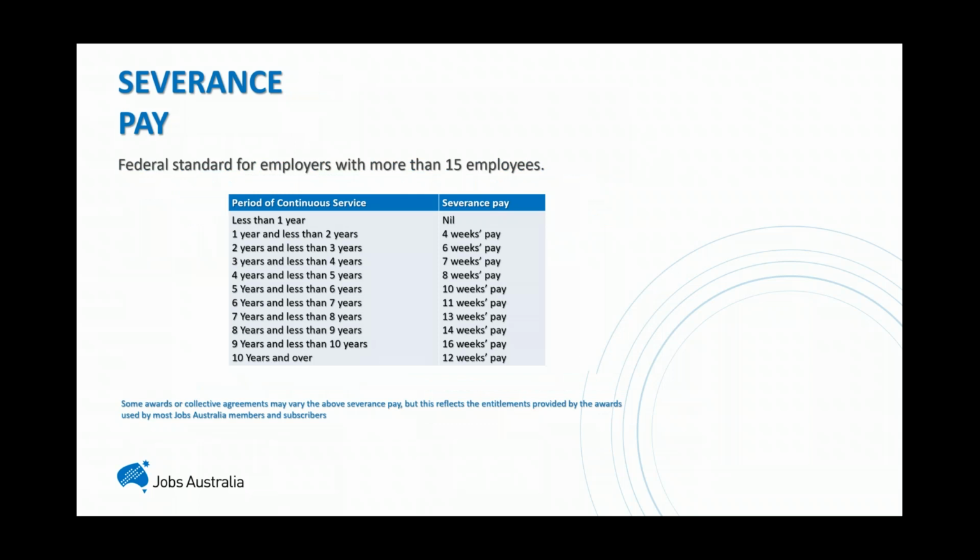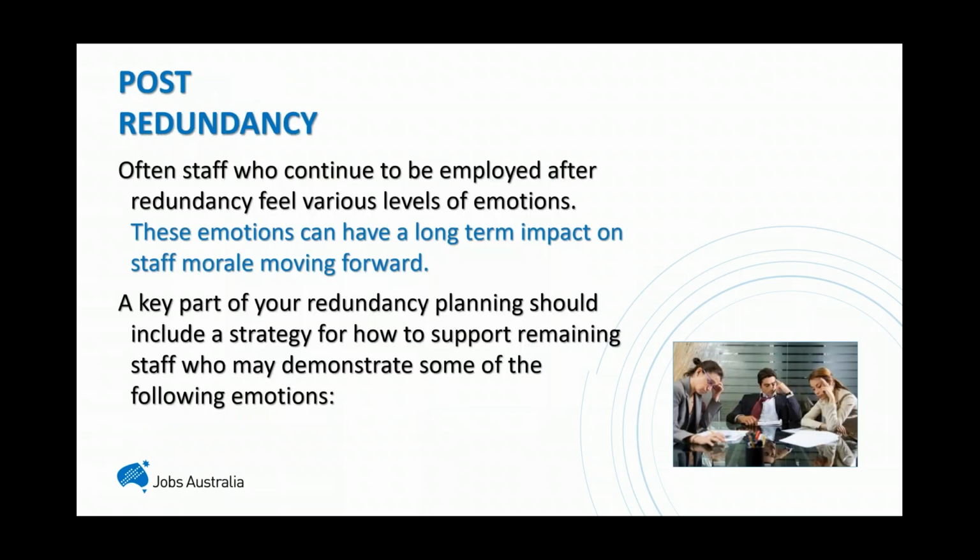Looking at severance pay, the federal standard for employers with more than 15 employees is listed on that slide there. Redundancy payments are as set by the NES. Also, as I mentioned on the previous slide, employees' contracts or organisational policies, in fact, may provide better entitlements. So make sure that you consider those contracts ahead of any of these processes. It's critically important.